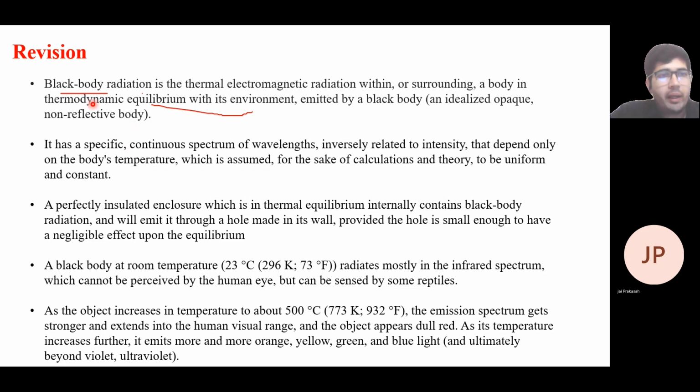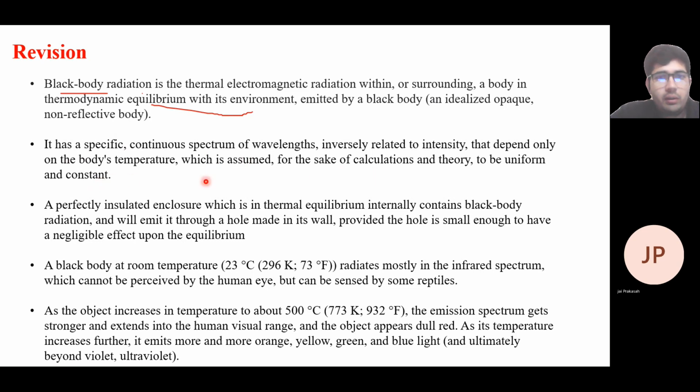Black body radiation has a specific continuous spectrum of wavelengths, inversely related to intensity, that depends only on the body's temperature, which is assumed for the sake of calculation and theory to be uniform and constant.